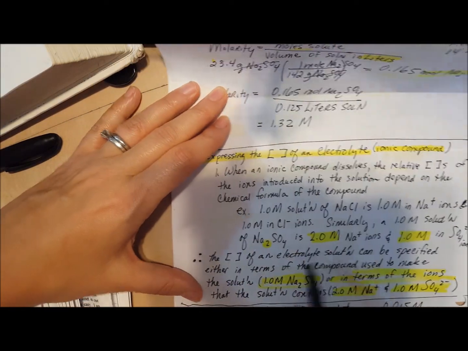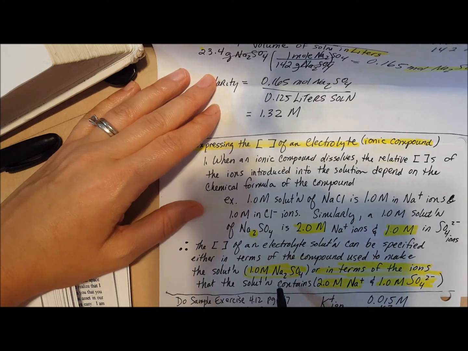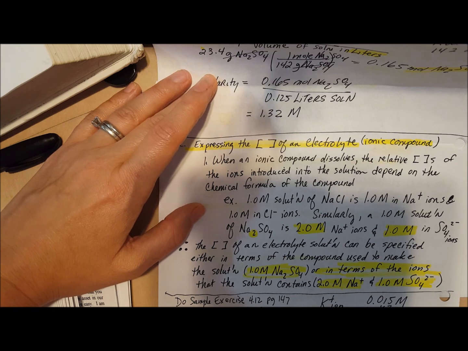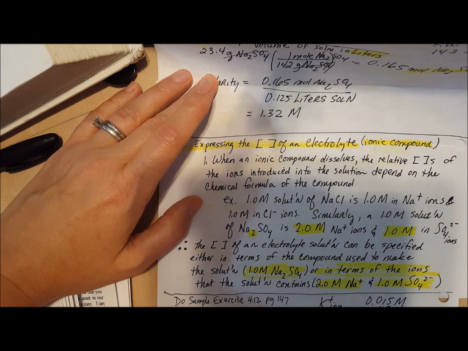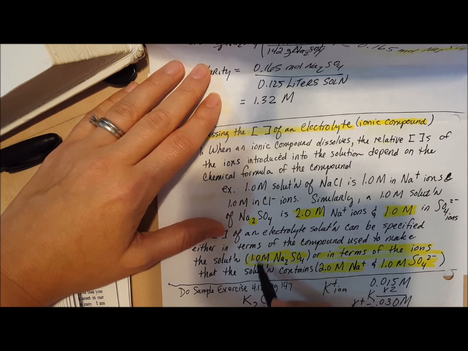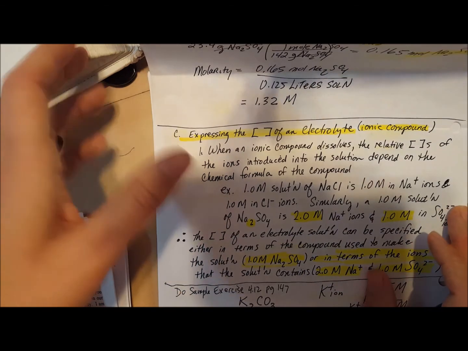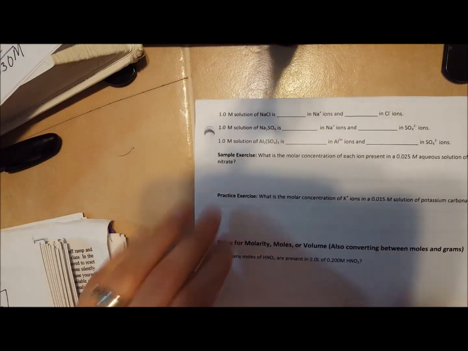You're going to want to read through all of this to remember that you can express the concentration of an electrolyte in terms of the total compound, or in terms of the compound's ions. So if the ions contain a subscript 2, then you're going to double up on the concentration. All right, so that's just a review from the notes.